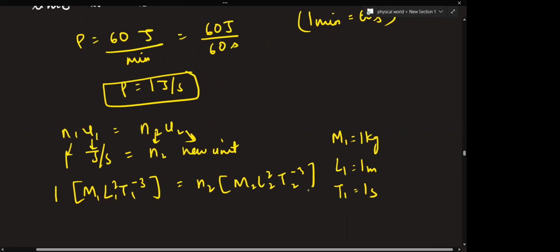But in the system of new units, what is M2 given? This is given 100 gram. L2 is given 10 millimeters. And time is given 1 minute. Now using this, put it over here and then convert 1 kg into 1000 grams and then cancel gram and see what is the value of N2 coming.